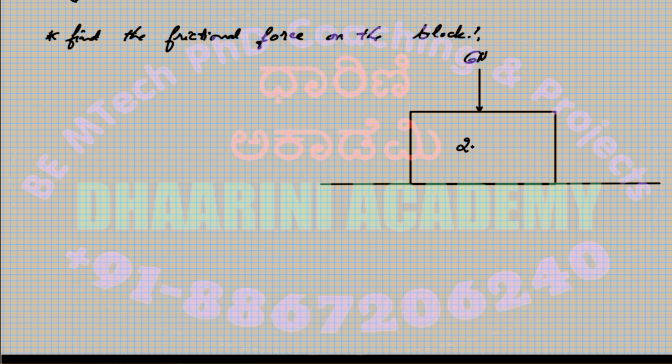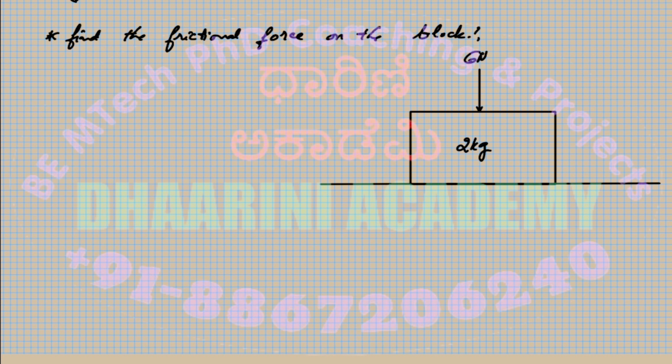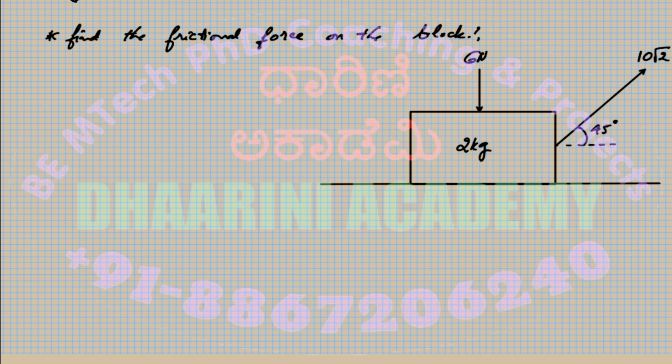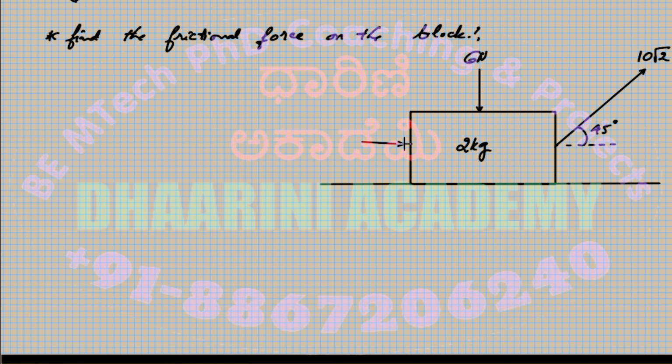The weight is 2 kg. There is a force of 10 root 2 Newton, making an angle 45 degrees, and we have a force acting like this, which is 4 Newton.